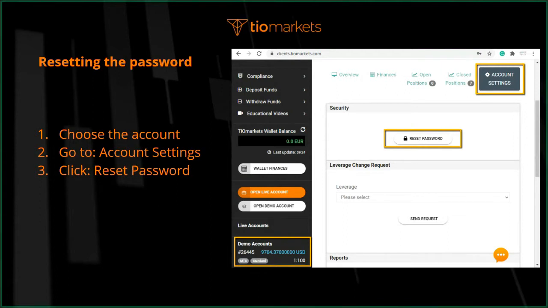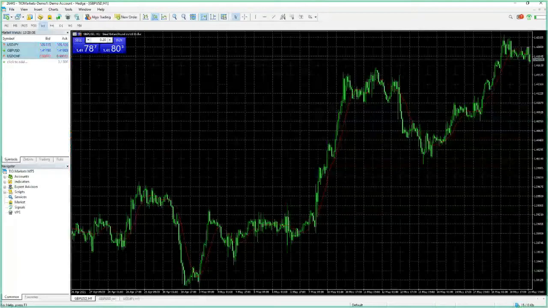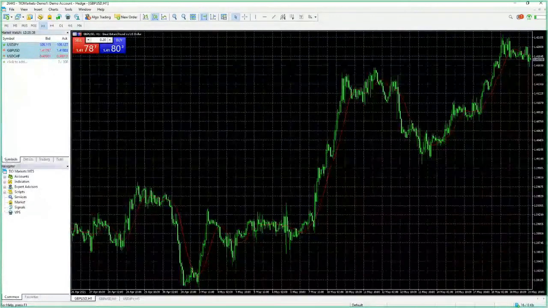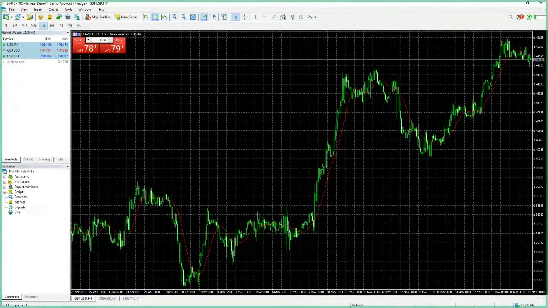Okay. So let's go and start getting familiar with the MT5 trading platform. This is pretty much how it looks when you first open it, except that this is at 0.01 usually.